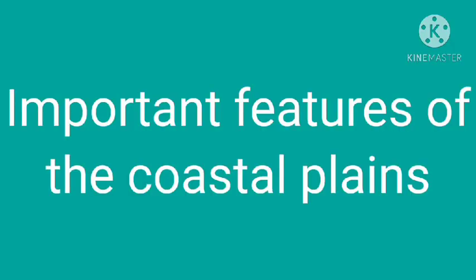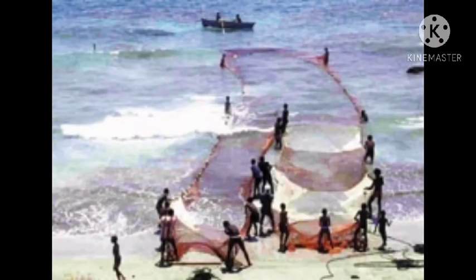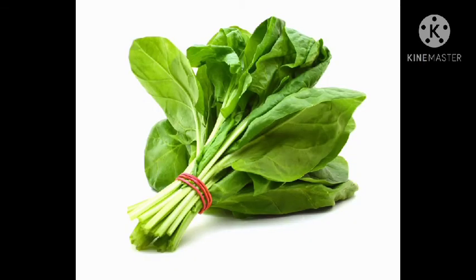The important features of the coastal plains. Fishing is an important occupation of the people living in coastal plains. So most of the people eat fish and prawn.